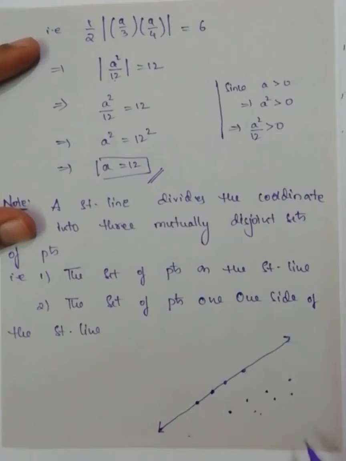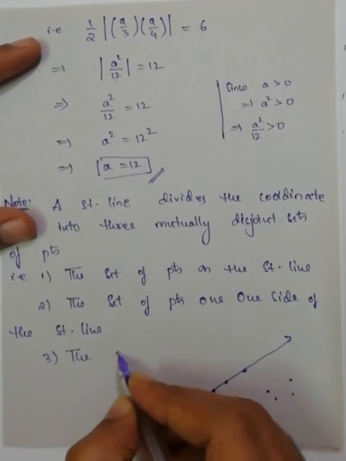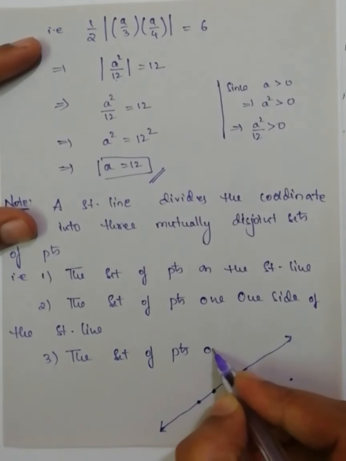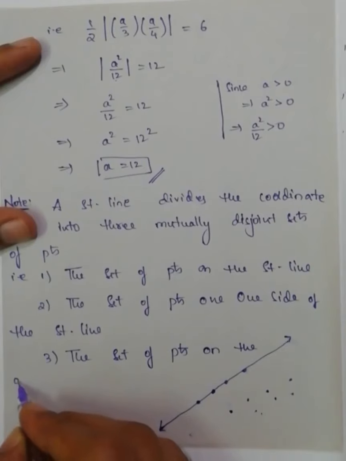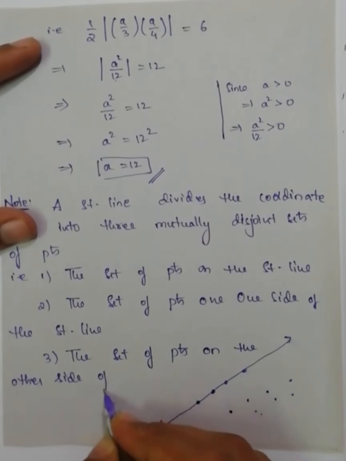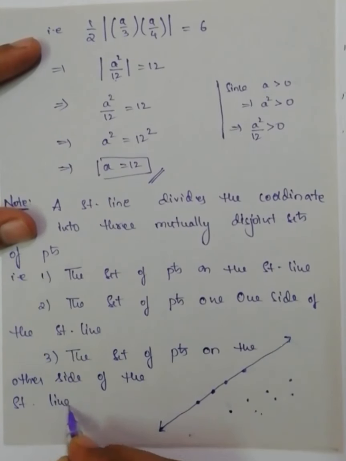All these points are the one side. Third one, the set of points on the other side of the straight line.